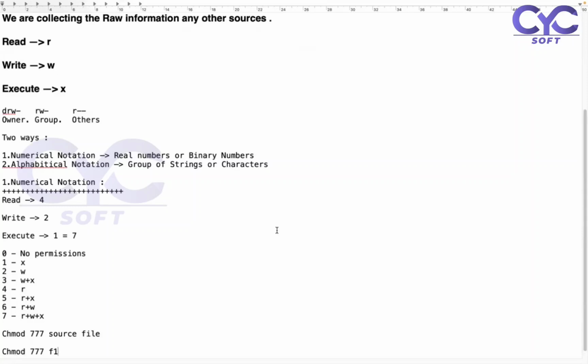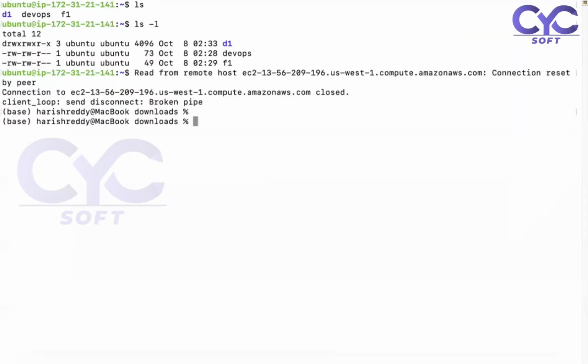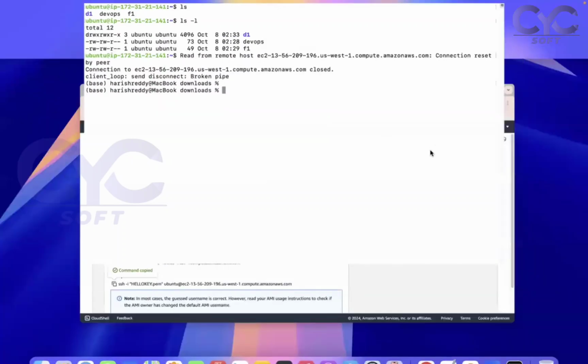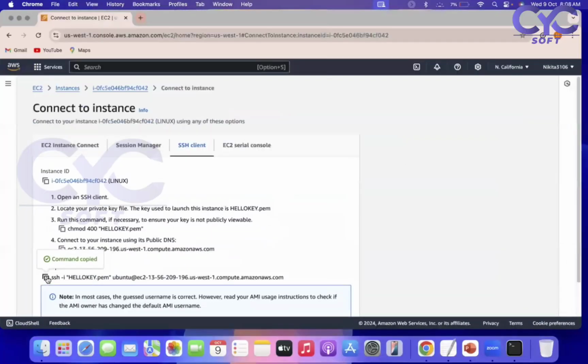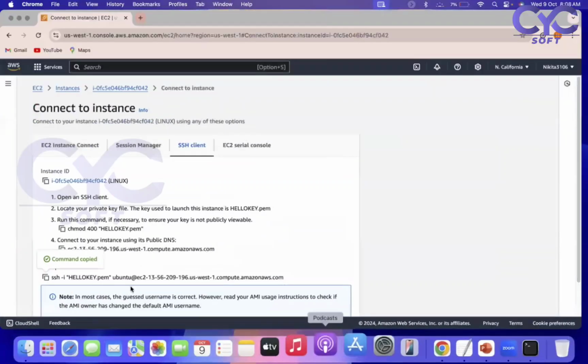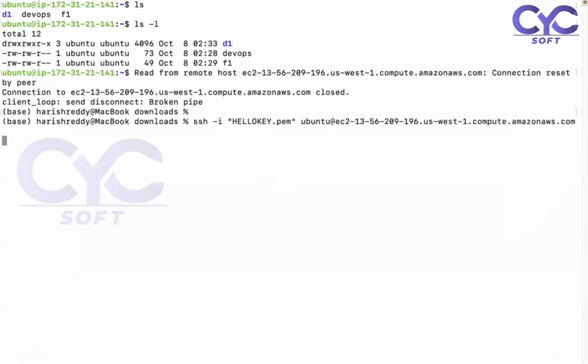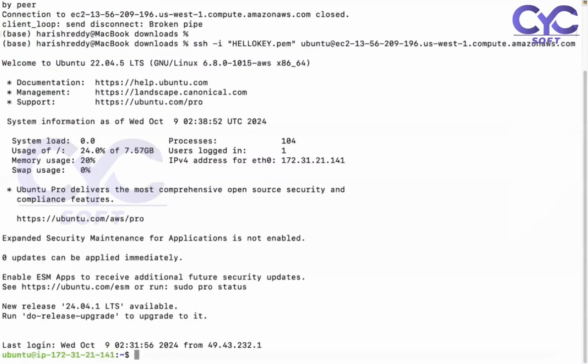So now I can go with the practical session. Let's go with the terminal. The connection has timed out, but no issues. We are going to the terminal now. Let's clear the screen. Now, if I run ls, I have only F1, ls hyphen l.